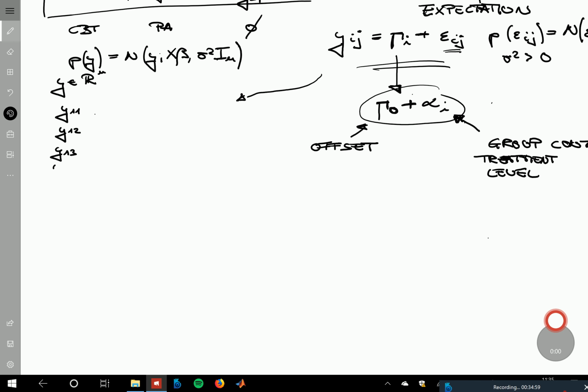It's not that many. So that's our data vector, y.